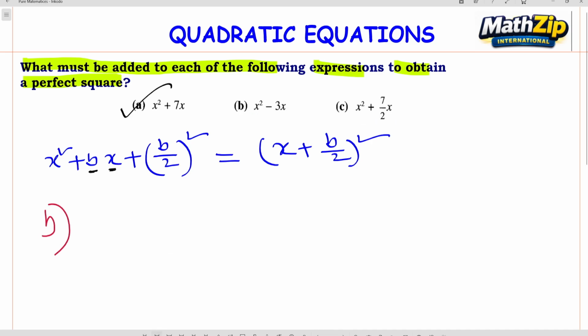Number B, here is x square minus 3x. So in this case b equals minus 3, because minus 3 is the coefficient of x. So our target is to make this one (b by 2) square.